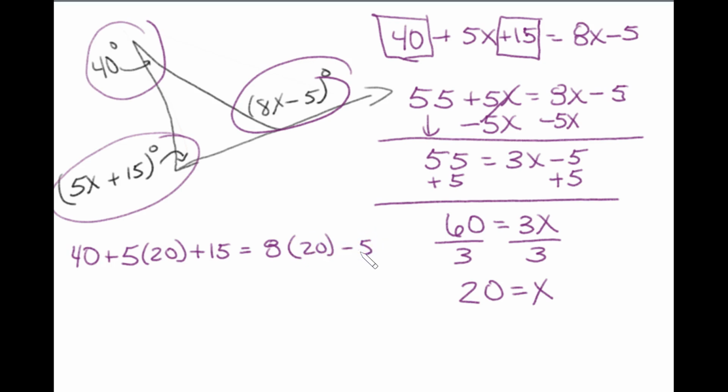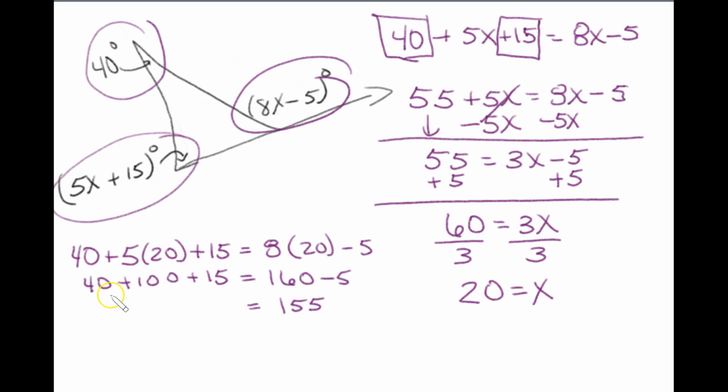All right, so let's see if we get a true answer. 40, 5 times 20 is 100, plus 15. 8 times 20 is 160, minus 5. This will equal 155.